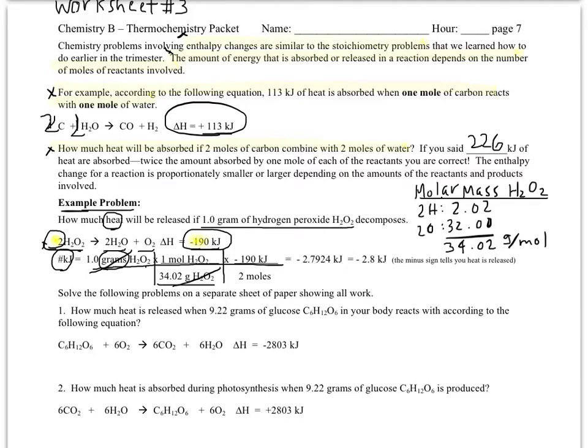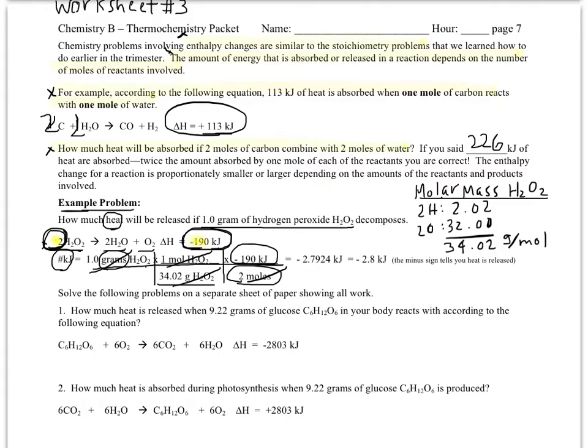So on the bottom of our factor label, we put the 2 moles. We got that from the coefficient here, right? Which means we can cancel out the moles unit. And on the top, we're going to put the negative 190 kilojoules, which we also got from the balanced equation.